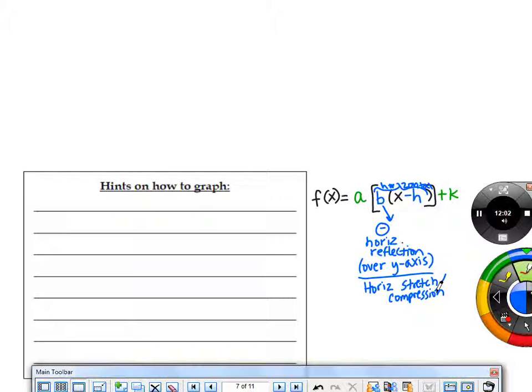Does that change any of the vertical spacing? No. Basically, look at your parent function on your cosmic catalog for your steps. Imagine if someone grabbed the sides of the graph and stretched it out. What would be happening to your steps? Yeah, well, they wouldn't be getting wider apart this way. If I'm grabbing the sides and stretching them, what's happening to them?